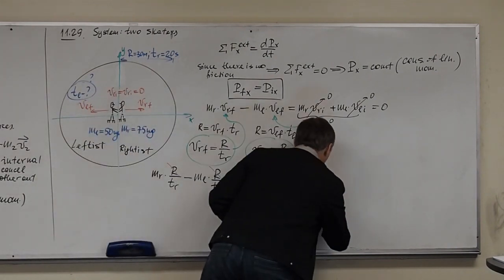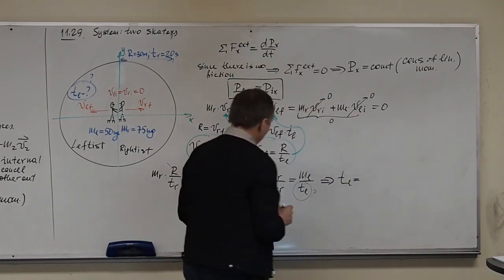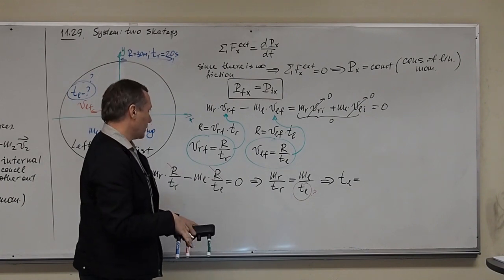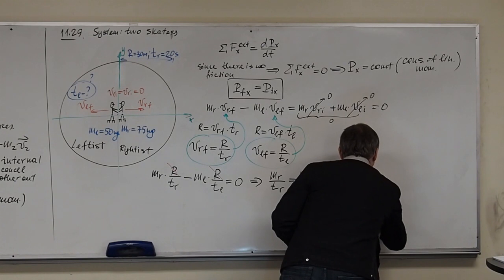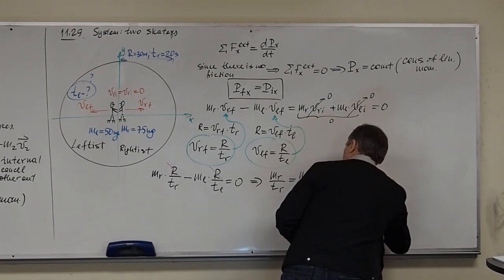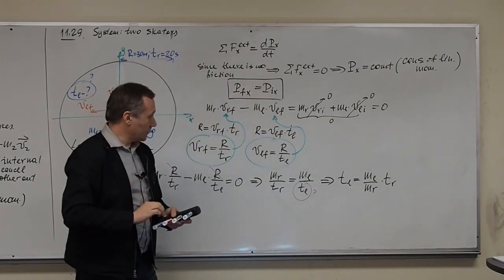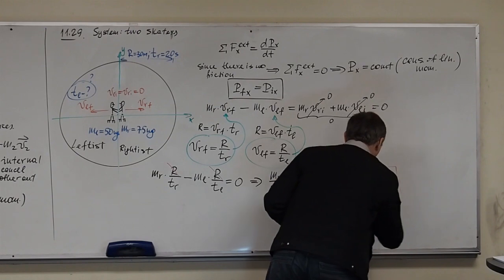So let's solve it for TL. So TL would be equal to ML divided by MR times the travel time of the right person. So that's the algebraic expression of the final answer.